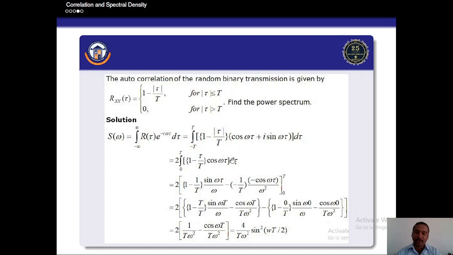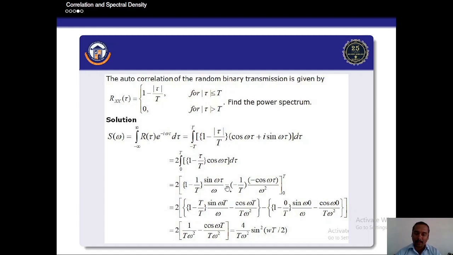Now use the integration by parts, u dv form. So consider this as u, 1 minus modulus of tau divided by T, and this is dv, cos of omega tau d tau. So here the expansion is u v minus integral of v du. So the integral of cos omega tau d tau with respect to tau becomes sine omega tau divided by omega.